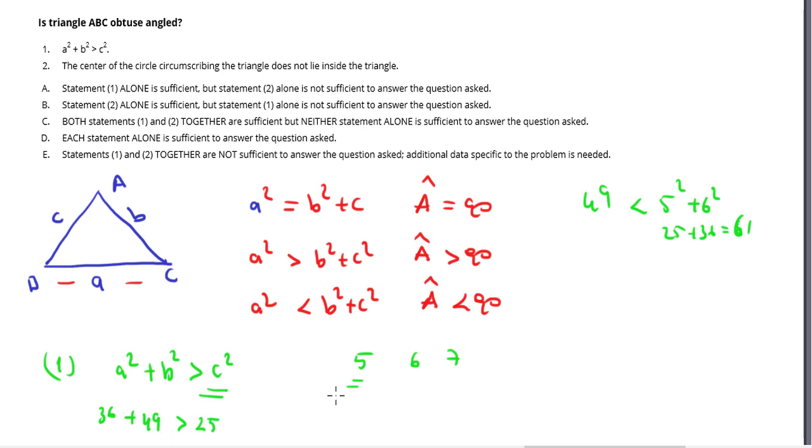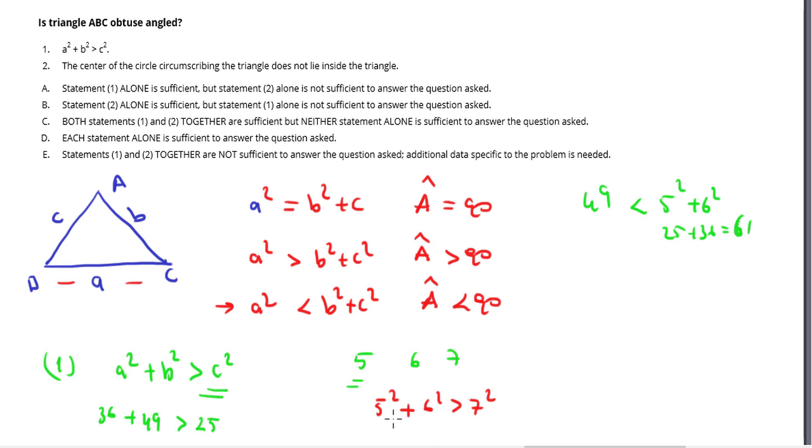But if C was the greatest side, we knew that 5 square plus 6 square, if it is greater than the greatest side, which is C, 7 square, that makes this case.